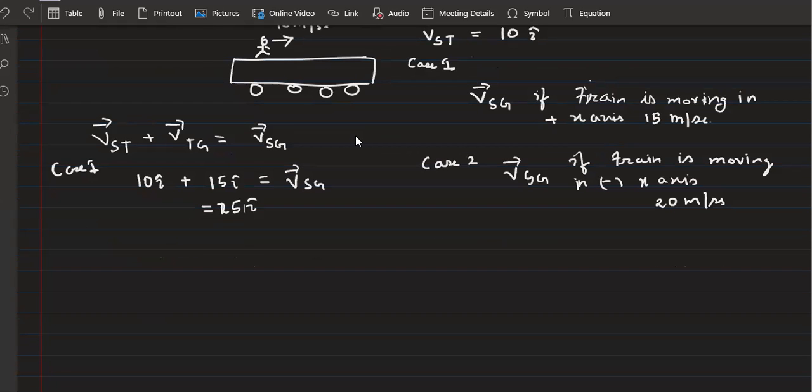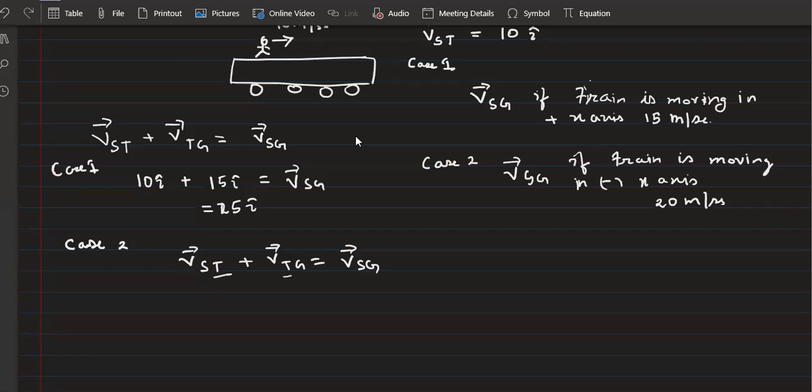Now, case 2. The same: velocity of Shah Rukh Khan with respect to train plus velocity of train with respect to ground is equal to velocity of Shah Rukh Khan with respect to ground. You should be focused on these two, plus these two.